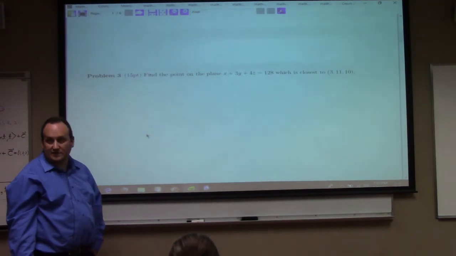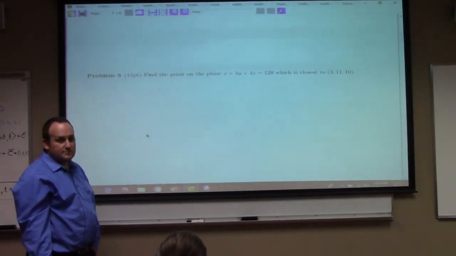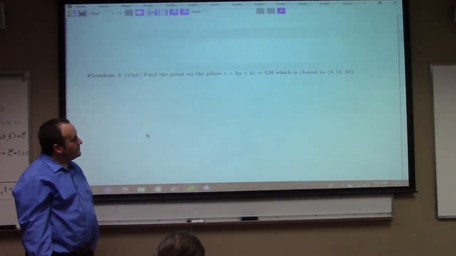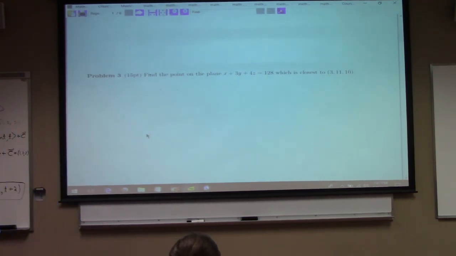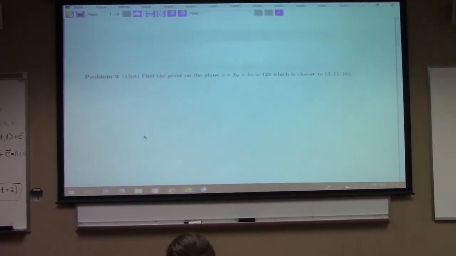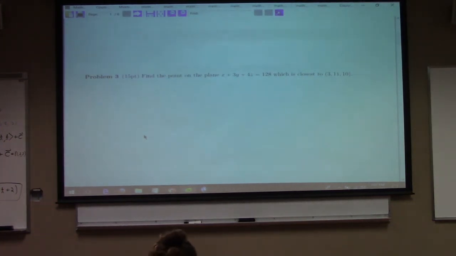What's the direction vector to the normal line? 1, 3, 4. Right, so I take something like t times 1, 3, 4 plus 3, 11, 10. That's my r of t, and I plug r of t into the plane equation: the x part of it plus 3 times the y part of it plus 4 times the z part of it equal to 128. That will give me a particular time where that normal line intersects the plane. Then I plug that point back into the normal line. That gives me the point which is closest.